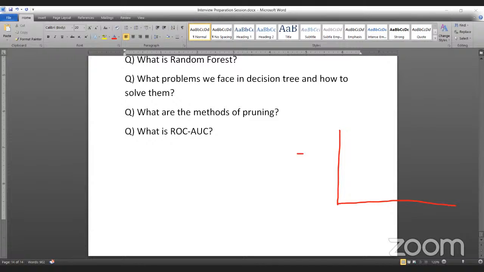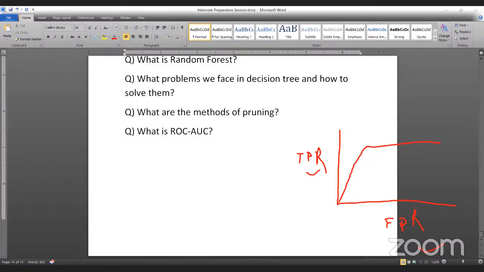We have true positive rate here, and here we have false positive rate. So our curve will be something like this. Okay. So what it does is it finds the right trade-off between the true positive rate and false positive rate. Okay. And it finds the probability threshold of predicted values.